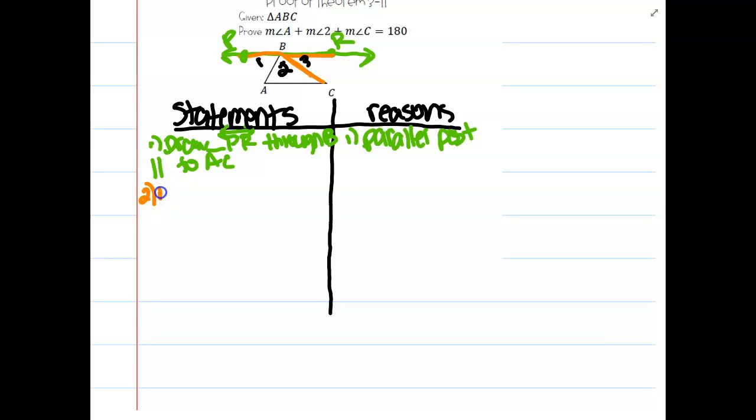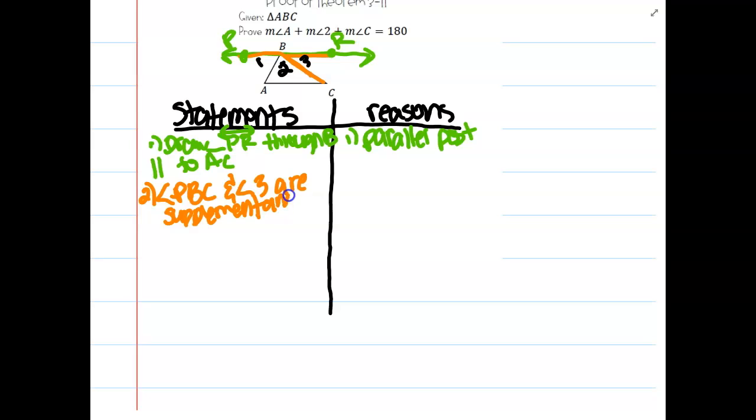Let's say angle, now I need to name this angle. Remember, I can't name it angle 1 and 2. I can't name it angle B. I'm going to have to name it using the points. So angle P, B, C, and angle 3 are supplementary.